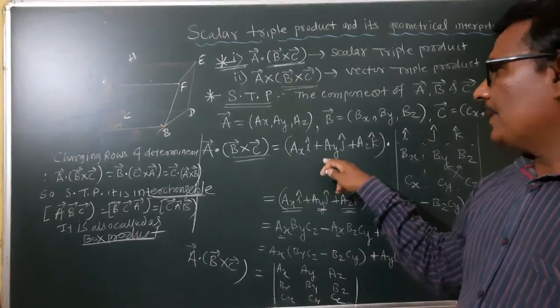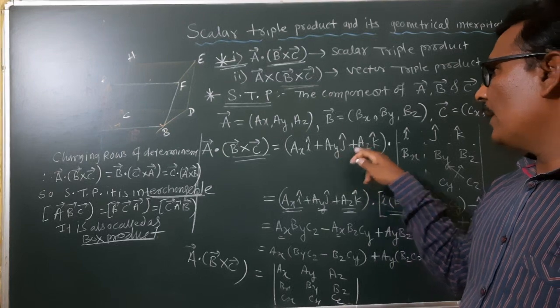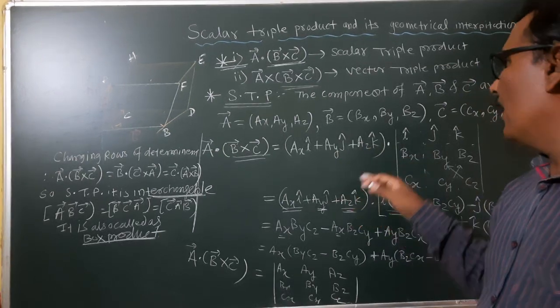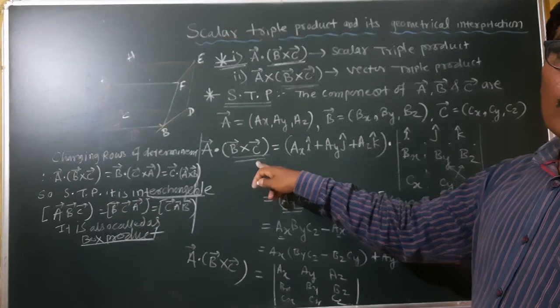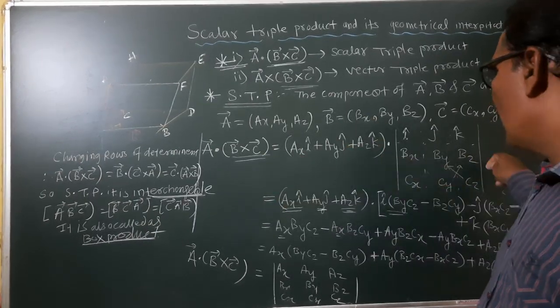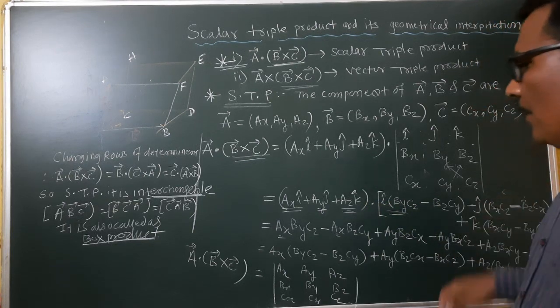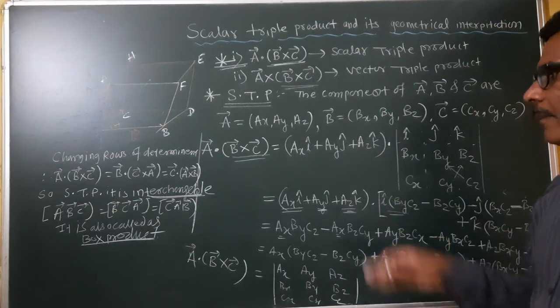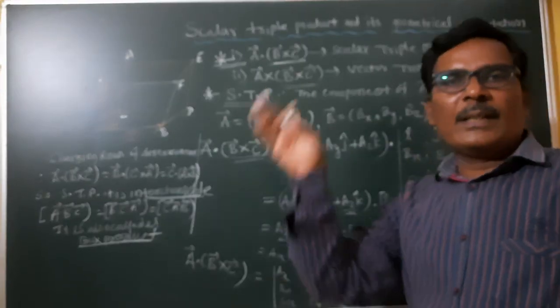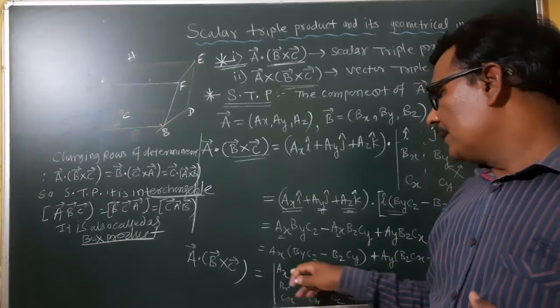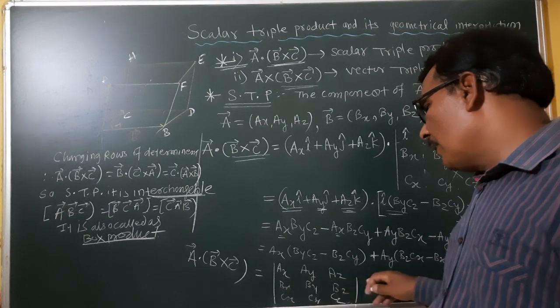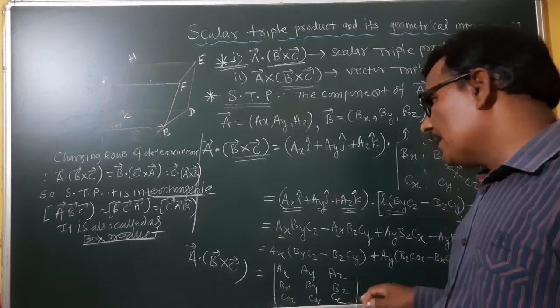Vector A can be expressed as Ax i cap plus Ay j cap plus Az k cap, and the cross product of two vectors can be expressed in the form of a determinant. Solving this determinant, the scalar triple product can be written in the form of the determinant Ax, Ay, Az, Bx, By, Bz, Cx, Cy, Cz.